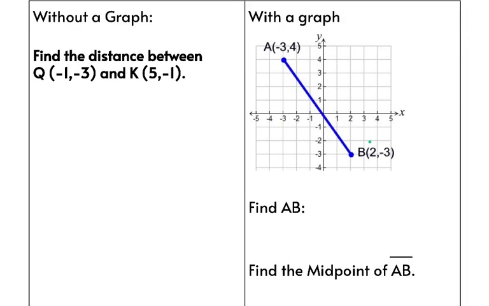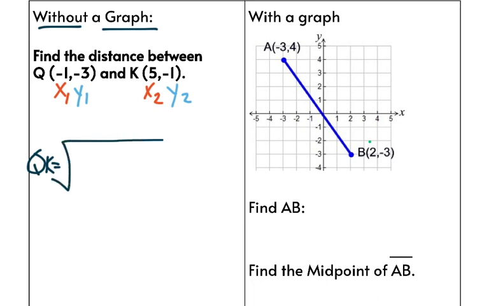All right, so let's go over here. We've got, without a graph, 2 points. Remember, we call them x1, x2 for the first coordinates, y1, y2 for the second coordinates. The distance between them, which we call d with nothing over the top of it, is found by taking the square root.